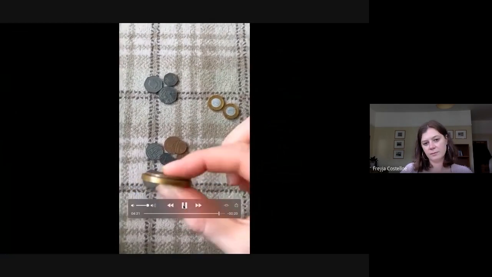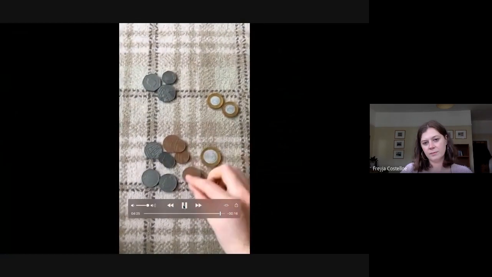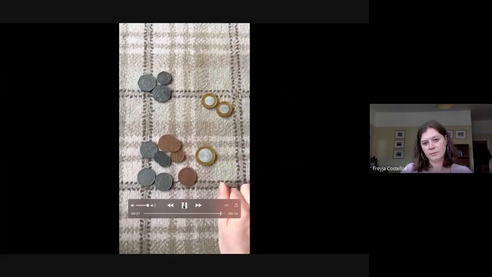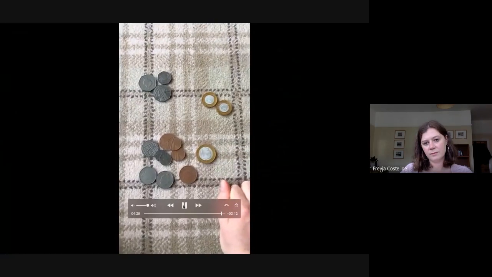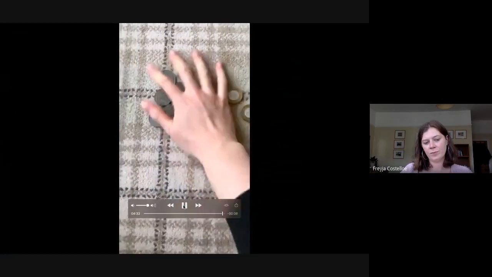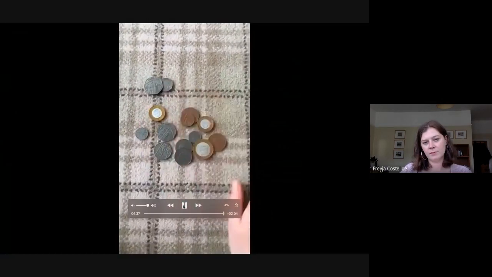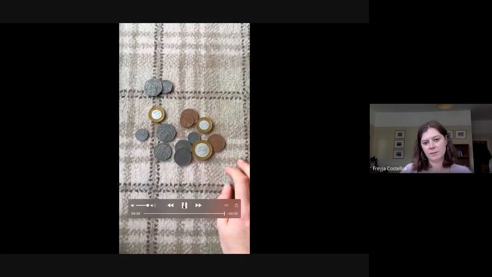Like my £2 coin is much thicker than my 2p coin there. So if you have any coins at home, see if you can get a little collection like I've got here and pop them in some different groups. How do you think you could group them?